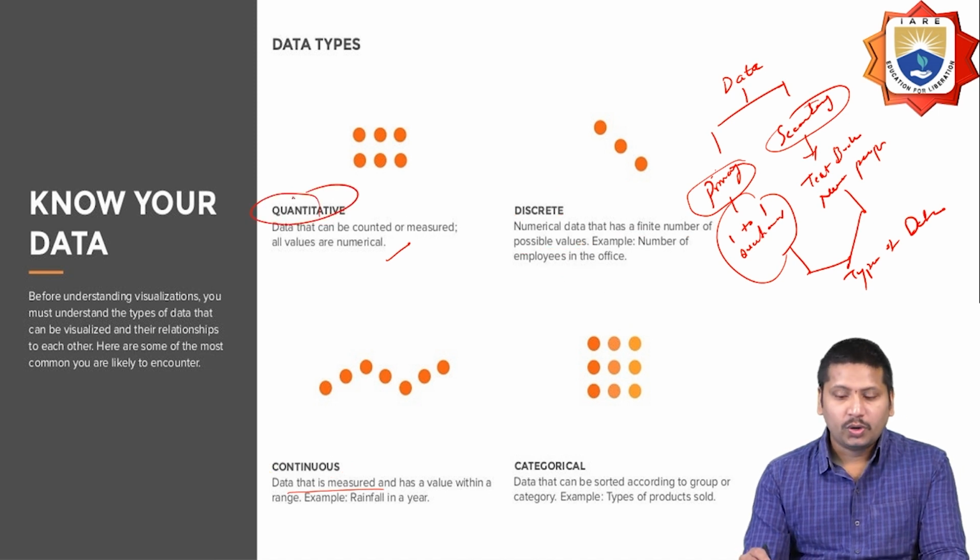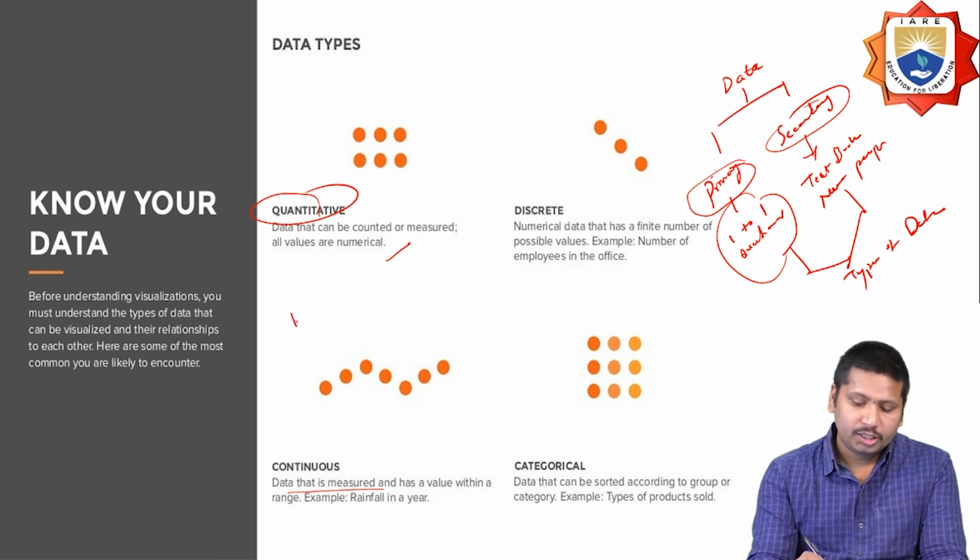So the very first thing is the quantitative. Quantitative means the data that may have measurements. Suppose I take height, I can measure it in centimeters, and weight in kgs.